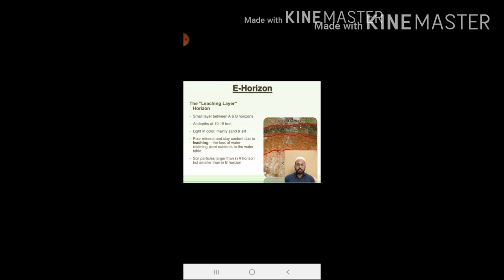It is poor in minerals and clay content due to leaching, the loss of water-retaining clay and nutrients to the water table. Soil particles are larger than in the B horizon but smaller than in the A horizon.